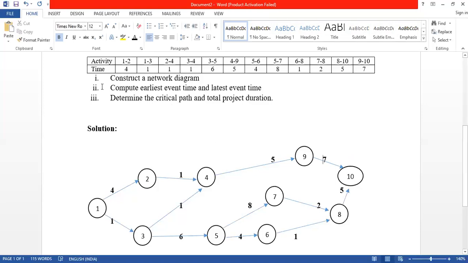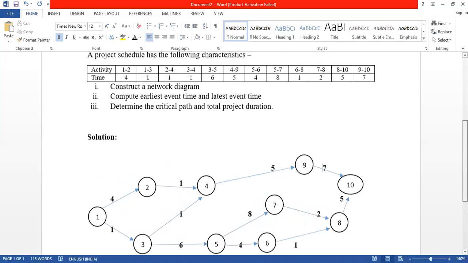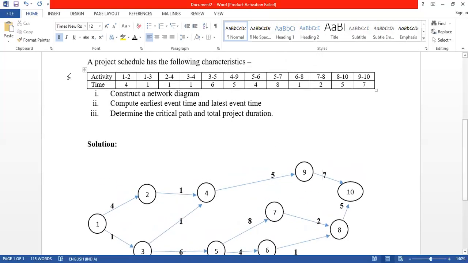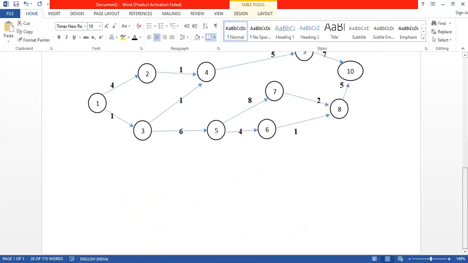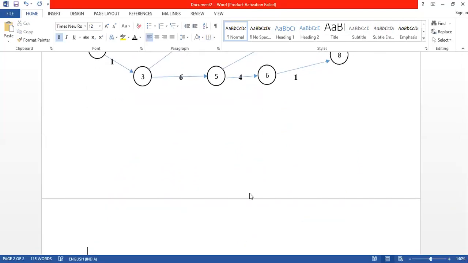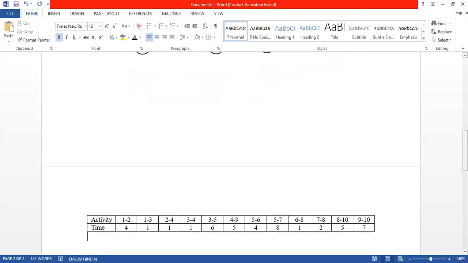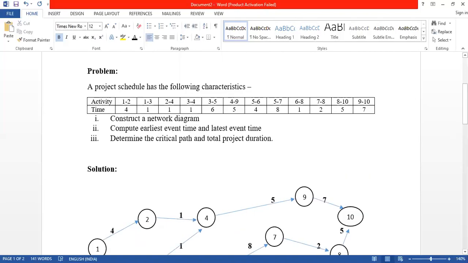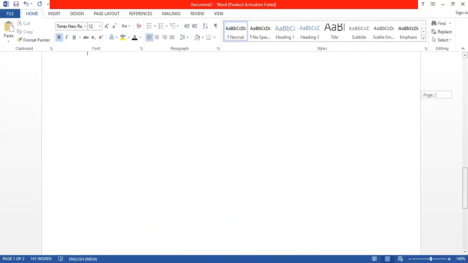Now the first question was construct a network diagram. We'll go to the second part now, right? For second part, I'll just copy it here because I may require moving here and there. So we are supposed to compute earliest event time and latest event time.